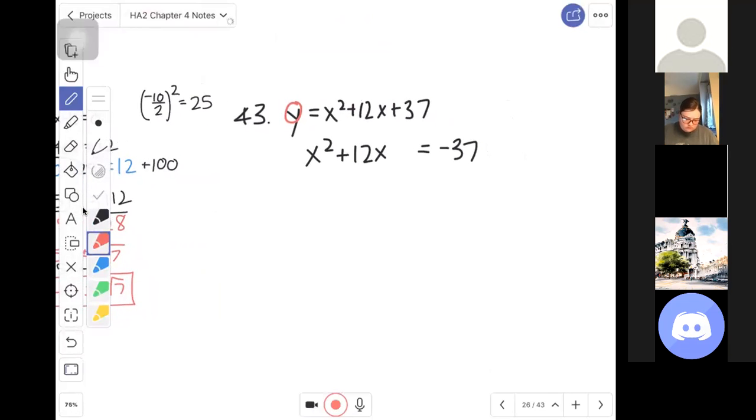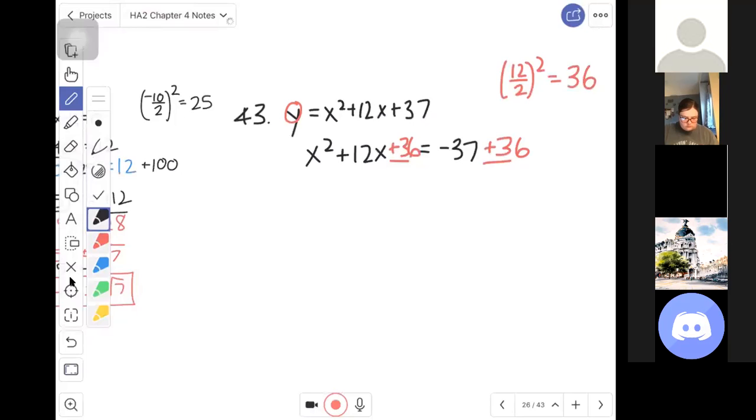We know we need to take that b, which is 12, divided by 2 and squared. That gives us 36. So we get to here.